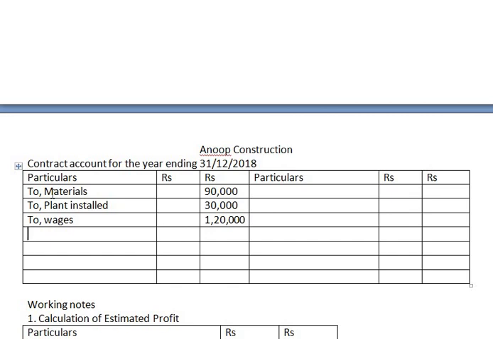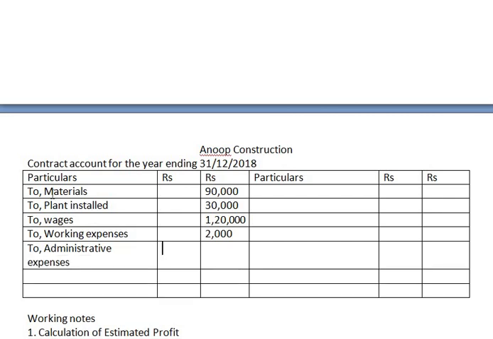Then comes working expenses, 2,000 rupees. Next is administrative expenses. These all are expenses, so we are taking them on the debit side. Administrative expenses, the amount is 5,000.